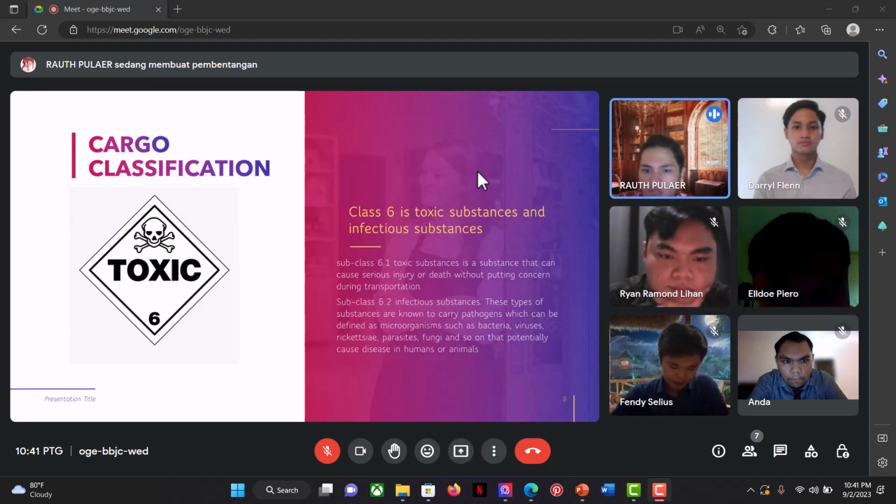These types of substance are known to carry pathogens, which can be defined as microorganisms such as bacteria, viruses, rickettsia, parasites, fungi, and so on that potentially cause disease in humans or animals. Examples of toxic and infectious substances are poisons, virus cultures, and pathological specimens.